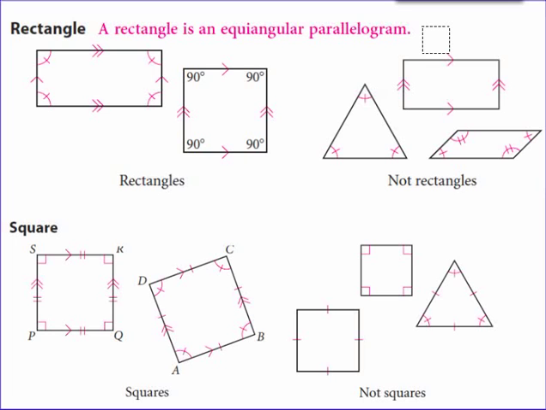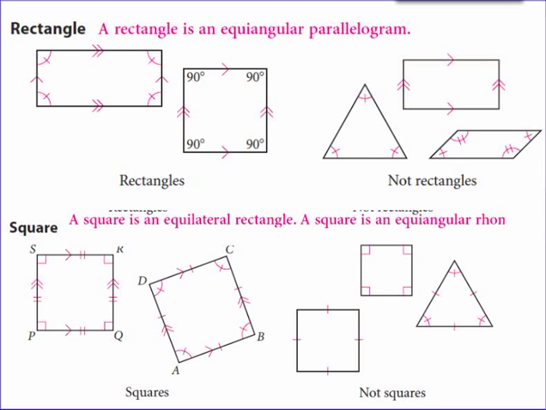What do you think a square is? So a square is an equilateral rectangle. Or it could be an equiangular rhombus. Or it is a regular quadrilateral.